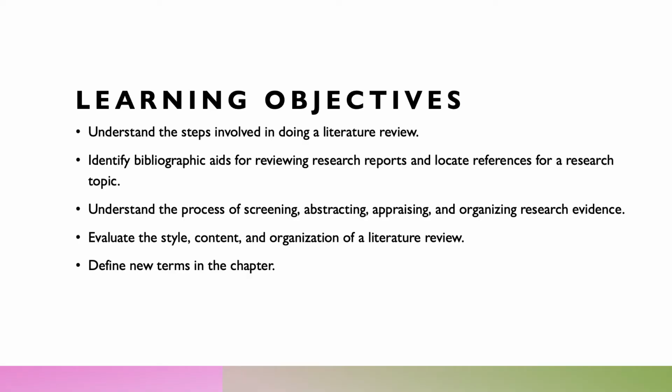The chapter has 5 learning objectives: to understand the steps involved in doing a literature review, to identify bibliographic aids for reviewing research reports and locate references for a research topic, to understand the process of screening, abstracting, appraising, and organizing research evidence, to evaluate the style, content, and organization of a literature review, and finally, as always, you should be able to define all of the new terms in your chapter.